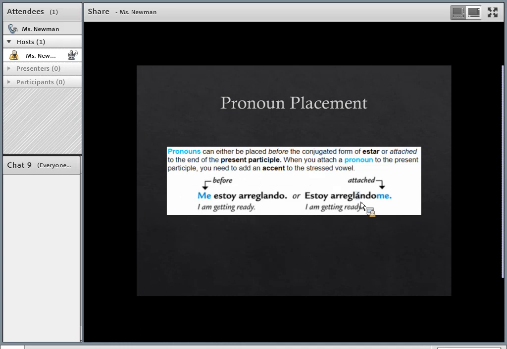Let me try that again. Little difference there. So again, that pronoun can go before the conjugated form of estar or after that present participle. Estoy arreglándome. But if you put it at the end, you mark it with the accent mark so that the stress stays on that original syllable. Technically, it is now the third to last syllable versus the second to last syllable.